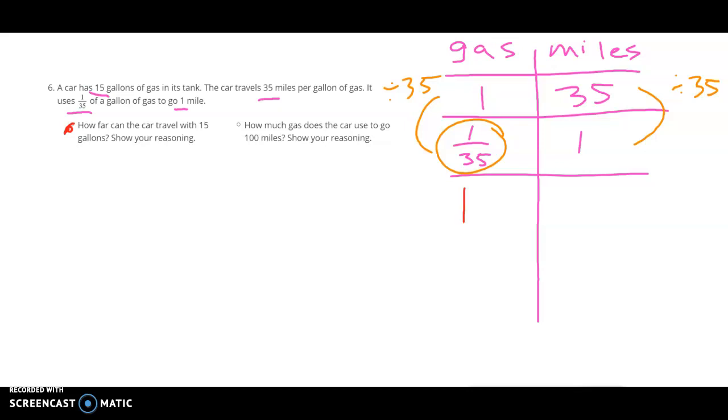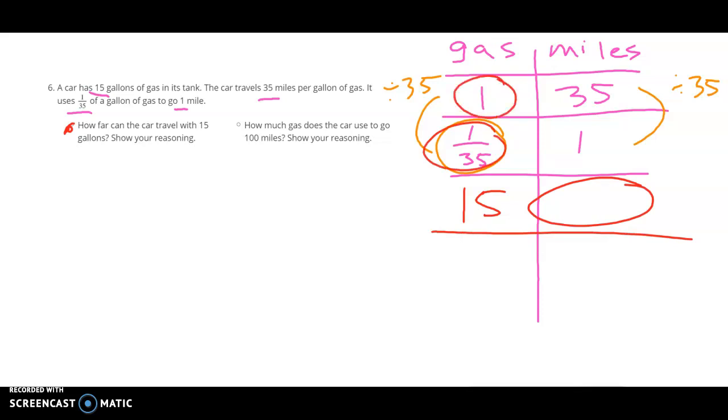So we have 15 gallons, and we want to know what goes here. We can use this one or this one, and remember, we're using multiplication or division. I personally don't know off the top of my head 1/35 times what equals 15. That would take lots of challenging math that's not necessary.